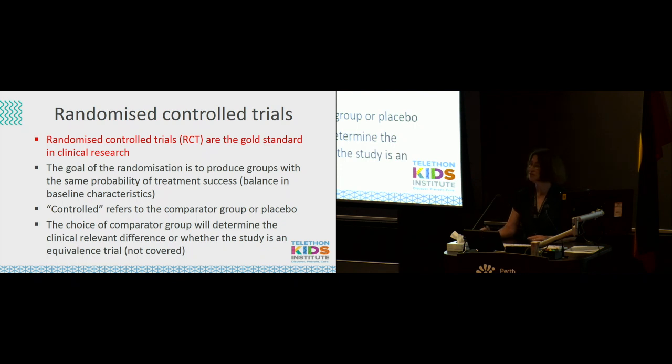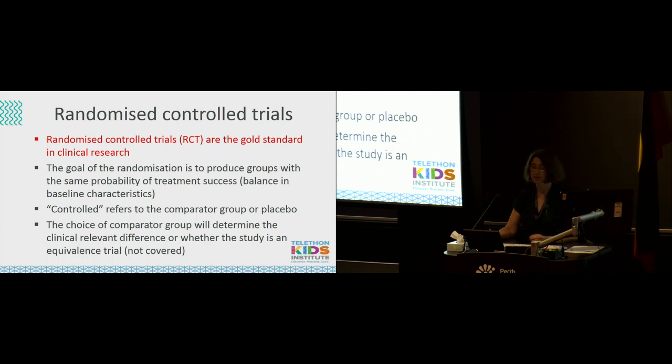You can get that information back, though. If you don't quite get balance at baseline, you can include any imbalances as covariates in your final analysis to adjust for that.